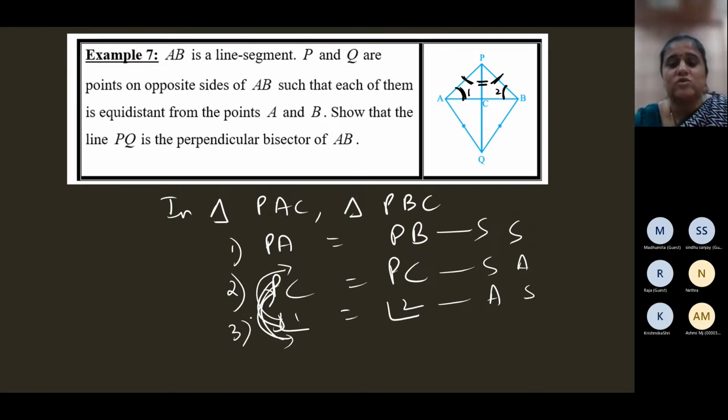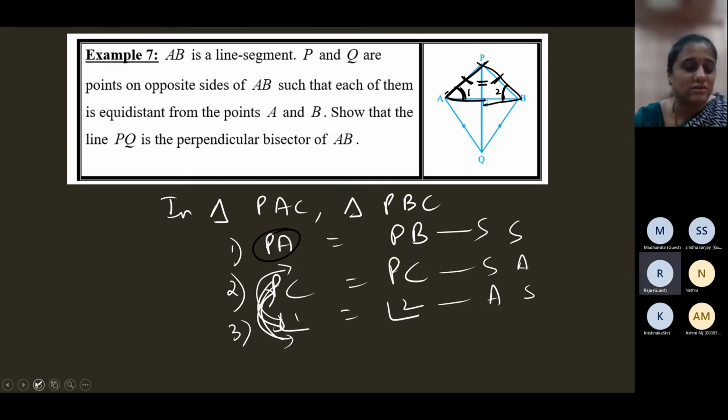Look at the figure. For angle 1 and angle 2, which are the arms? I've been telling this. For angle 1, which are the arms? AC and AP. And for angle 2, BC and BP. We have mentioned about AP, but not about BP. Oh, sorry, so clumsy.